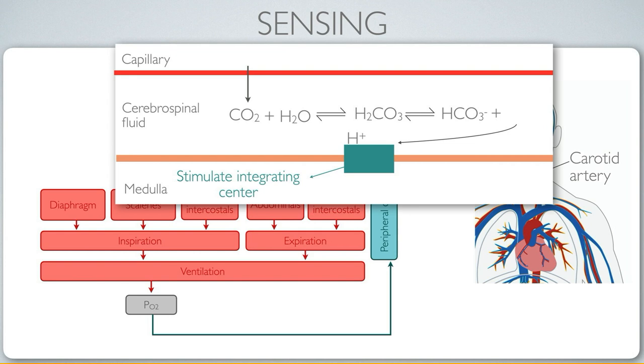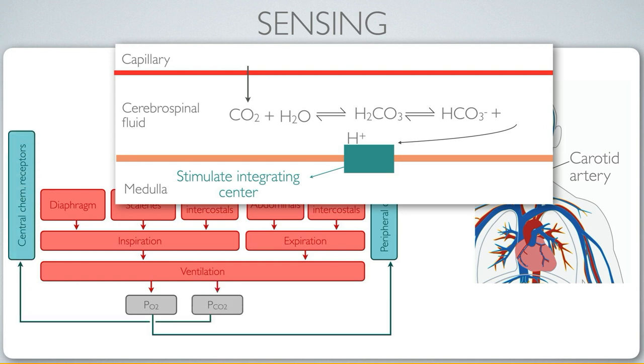Okay, so in addition to the peripheral chemoreceptors, we have these central chemoreceptors located in the medulla oblongata. So we're going to add that level of control. It allows for sensing of carbon dioxide.